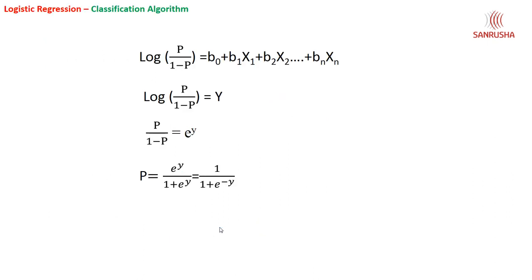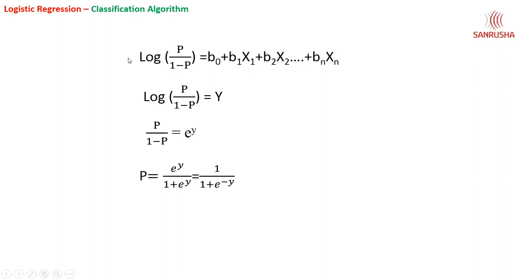In case of logistic regression, y is replaced with something like this: log of p/(1-p). And this p here is probability. And this whole thing, p/(1-p), is called the odds of the outcome. And the log of this value, remember there is no base 10, so this is a natural log.